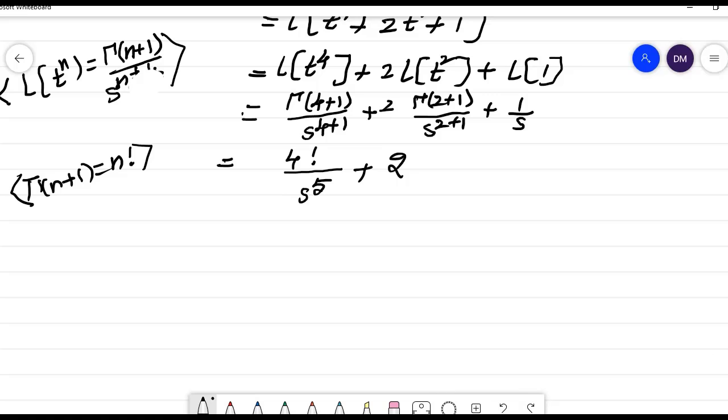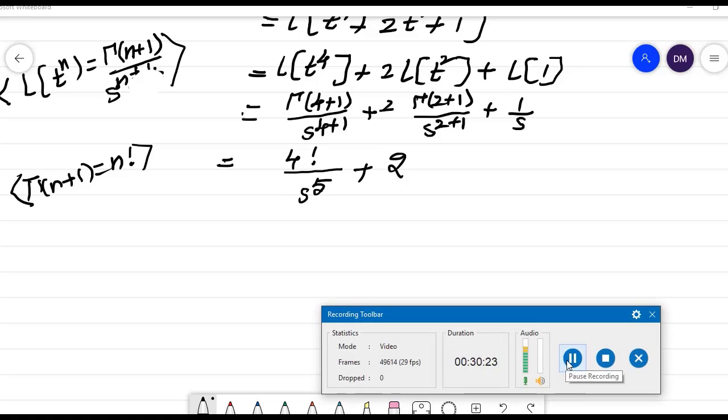So by using that formula, gamma of 2 plus 1 can be written as 2 factorial by s power 3, plus 1 by s. So this is equal to 4 factorial.